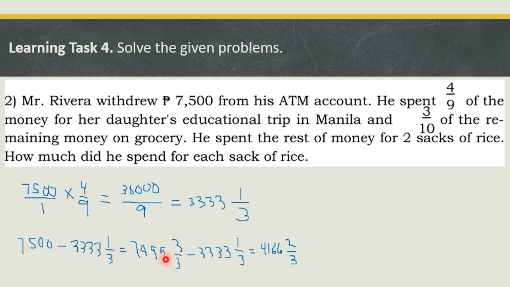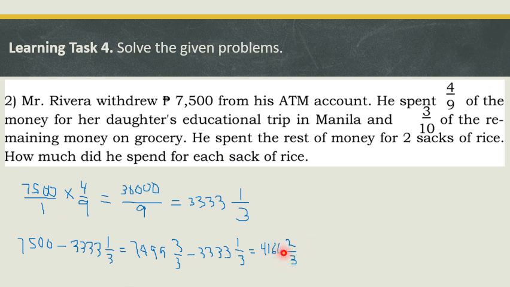Manghihiram tayo ng isa dito para mai-minus natin dito sa 3,333. At ang makuha natin dyan, ang matitira doon sa 7,500 is 4,166 and 2/3. So, ito yung natira, after niyang magastos yung 3,333 and 1/3 para sa kanyang daughter.